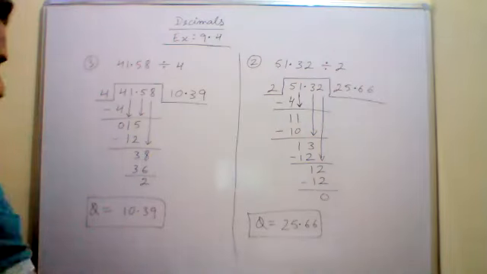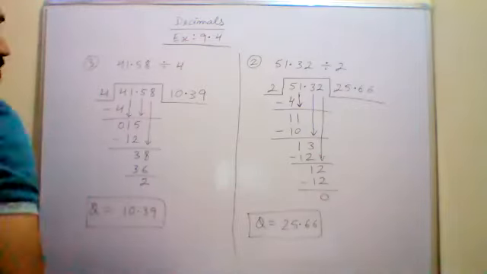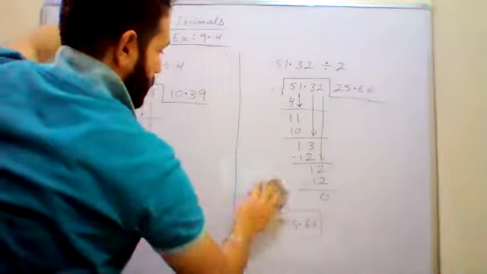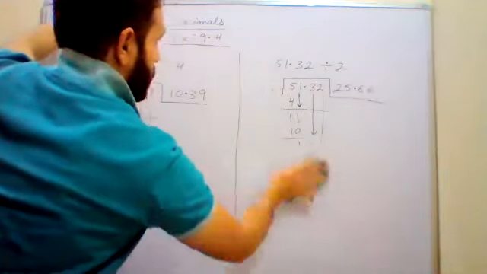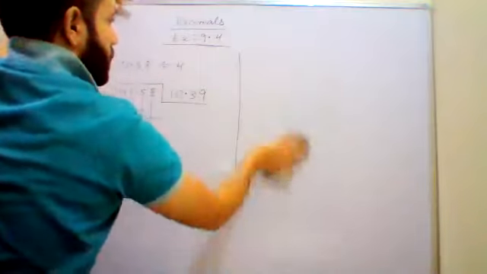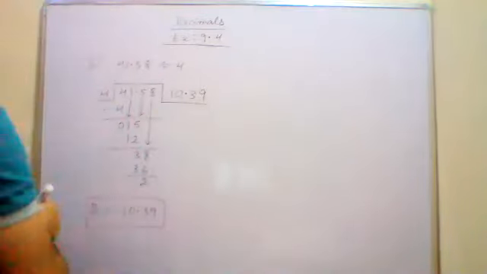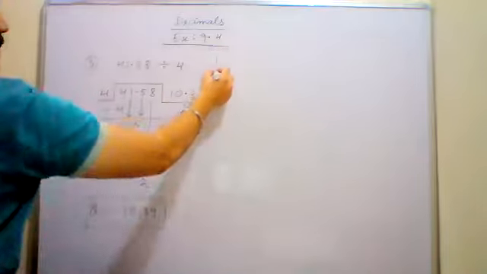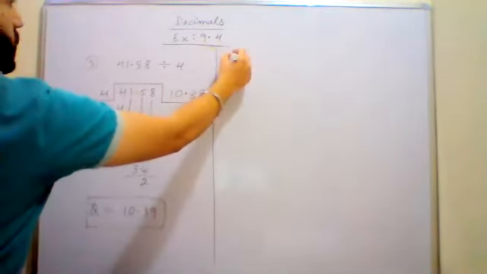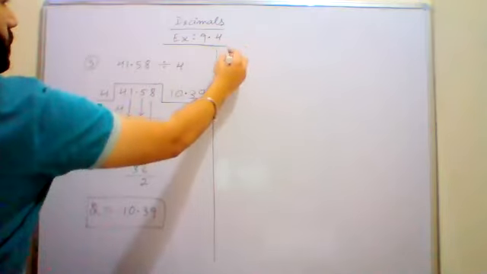Okay, now the next one. Question number 4. I hope you all have done this one in your copies. Third one you all have done. We will start doing the fourth one.